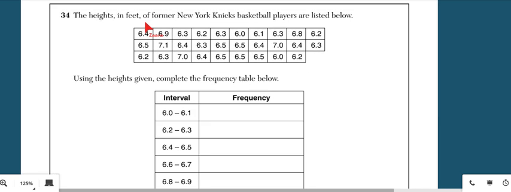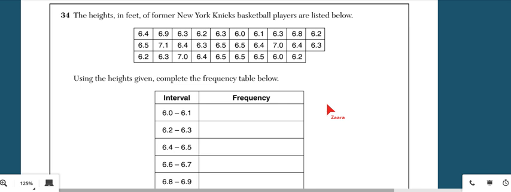We are given this data, a frequency table, and you have to complete the frequency table. So the first one is the interval, which is from 6.0 to 6.1.